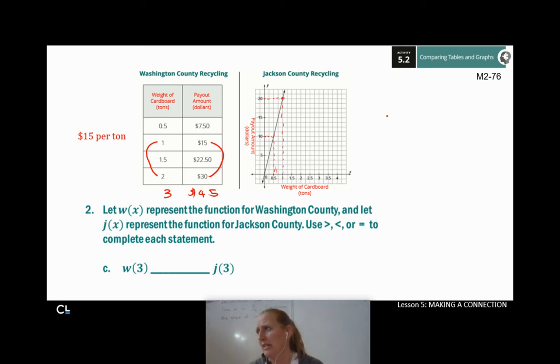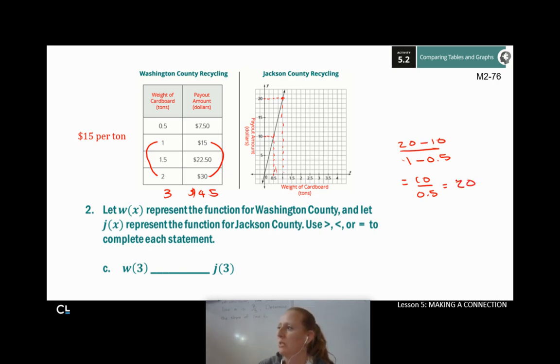So if I do 20 minus 10 over 1 minus 0.5, 20 minus 10 is 10, 1 minus 0.5 is 0.5, and if I use my trusty calculator, 10 divided by 0.5 is, of course, 20.